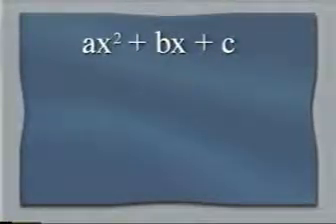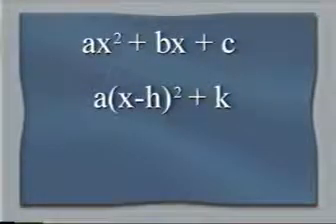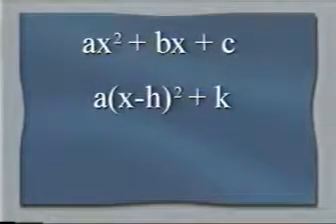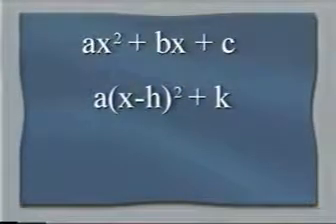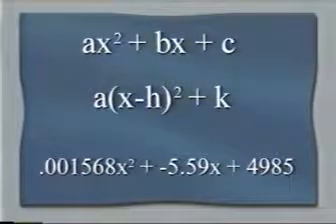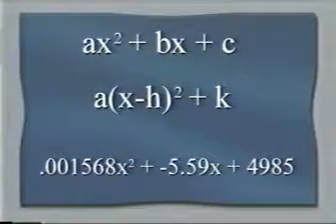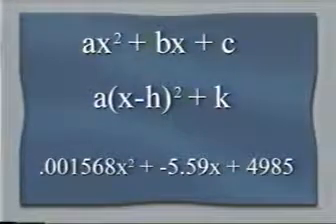Previously, when we looked at this particular set of data, we used the quadratic form y equals a(x minus h) squared plus k. Now, the coefficient of the x squared term is 0.001568, etc. That is the a term. Very, very small, because we have a slow growth in terms of every 10 years.